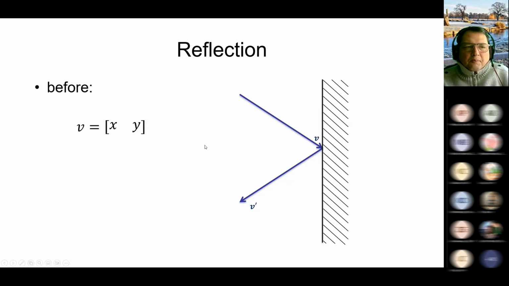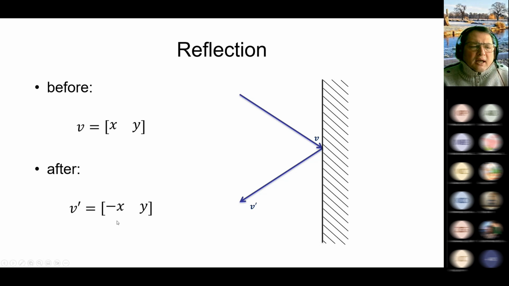So that's the velocity, and after bouncing from a wall, we will have the final velocity. If the velocity before reflection was x, y, then the velocity after the collision will be negative x, y. This is that simple, okay?